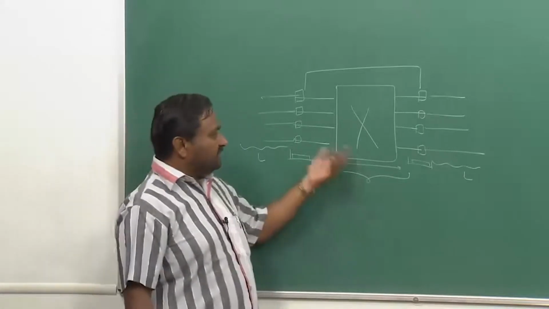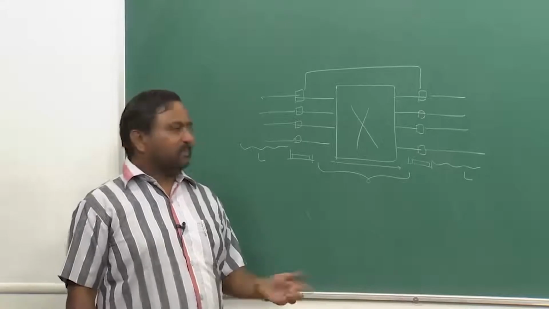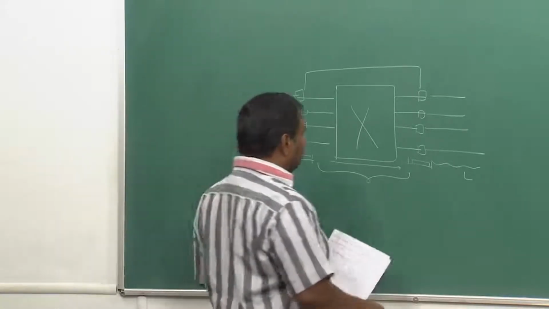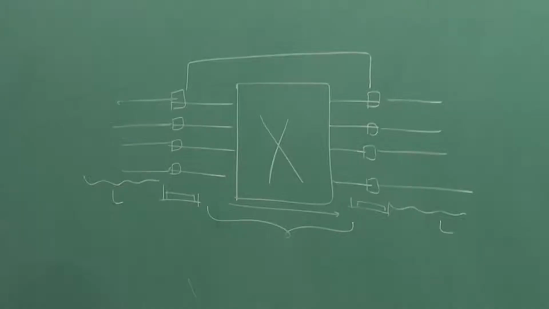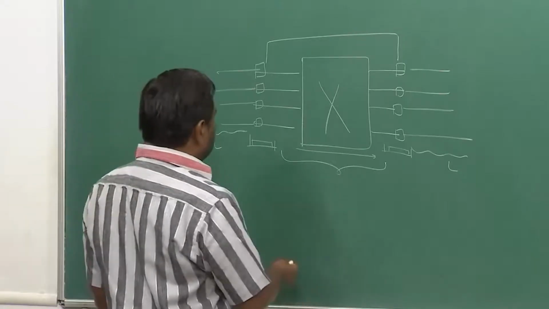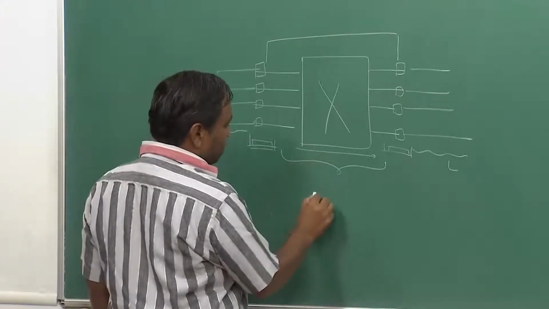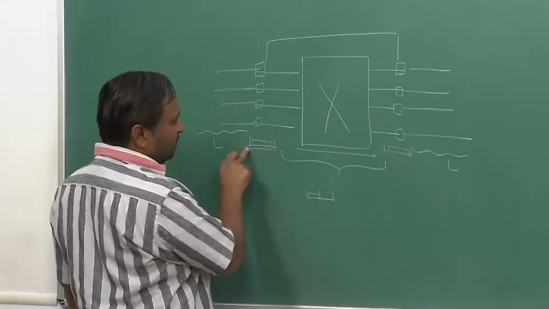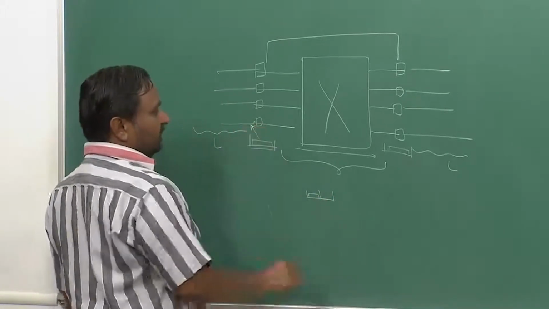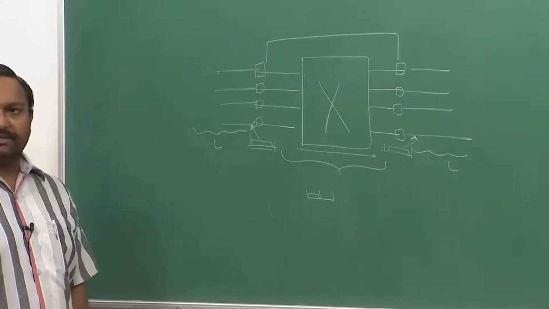Suppose I operate at double the speed, then what is going to happen? The slot period inside the switch will be half the slot period at the input or output lines.